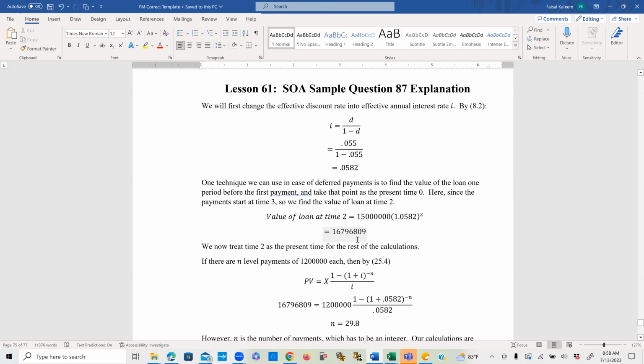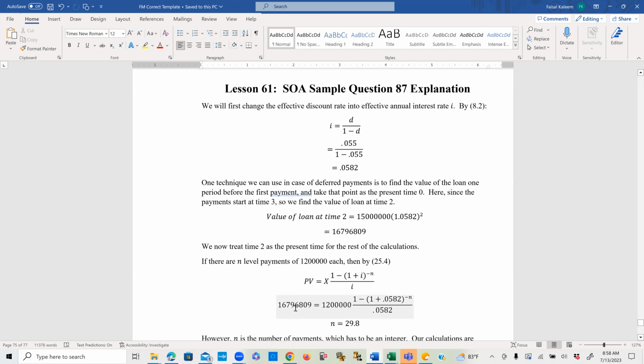And now for the rest of the problem, we treat time 2 as our usual present time. We can treat it as time 0 because now we have its value at time 2. So the n level payments of 1.2 million each. By the present value formula of annuity immediate, the present value, remember now the present in our case is time 2, equals x times 1 minus 1 plus i to the negative n over i.